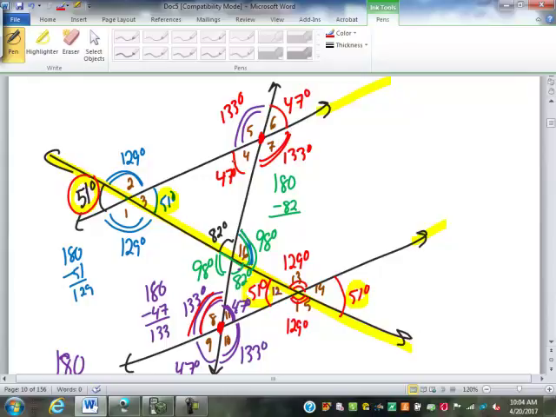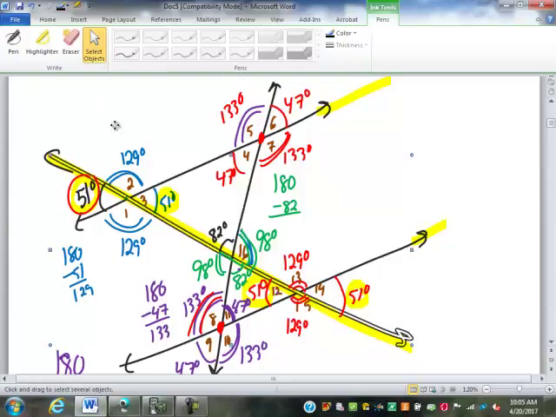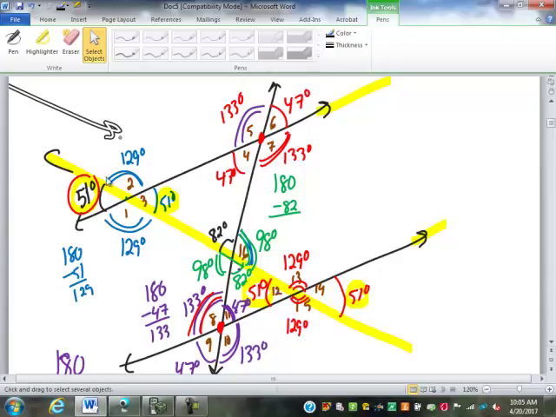Basically what you have to do is you have to ignore this line here, pretend it's not there and see, okay, these two have to be the same.